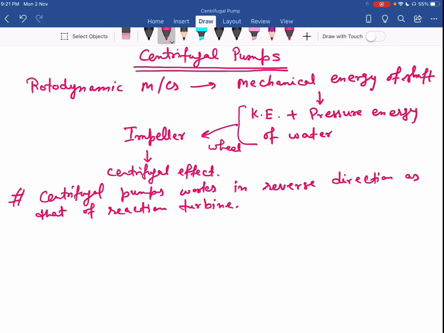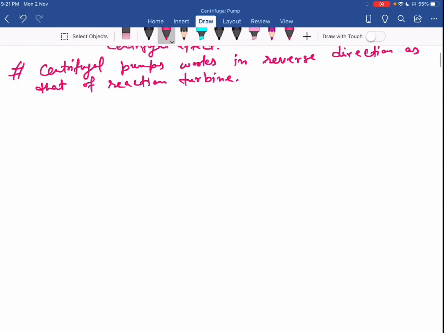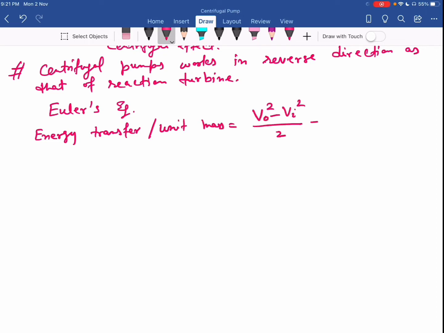Now the transfer of energy in the impeller is given by the fundamental equation that is called Euler's equation. So the energy transfer per unit mass, that we can write as (VO square minus VI square) divided by 2 plus (UO square minus UI square) divided by 2 plus (VRI square minus VRO square) divided by 2.